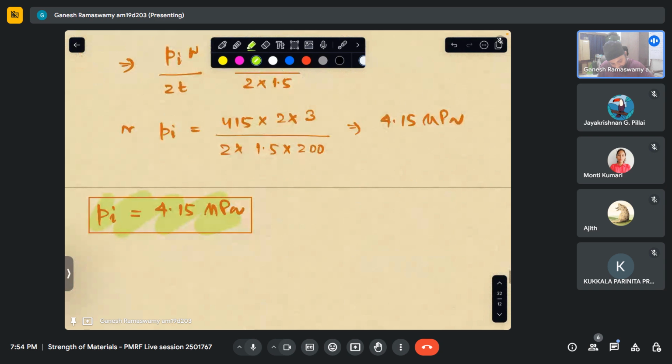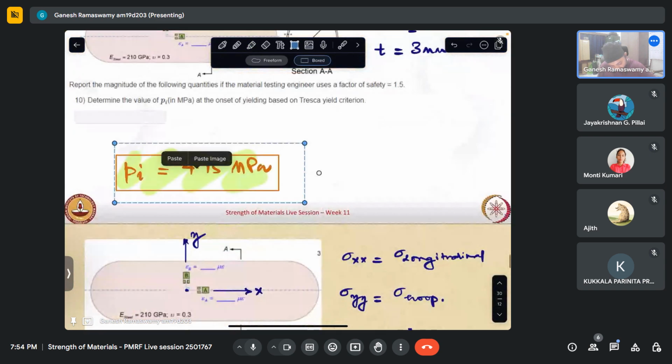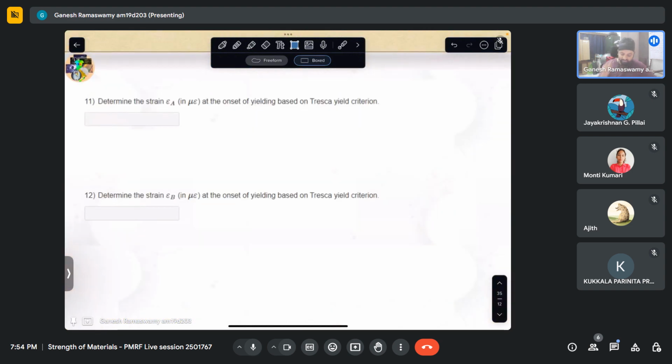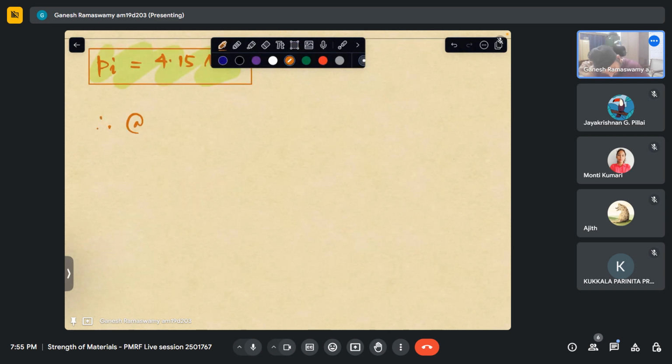So what does the next question ask us? It asks to determine the strain epsilon A at the onset of yielding based on this criterion. So we know, using this criterion, what is the pressure that would have transpired at the verge of failure, our defined failure. So at failure, Pi is 4.15 MPa.